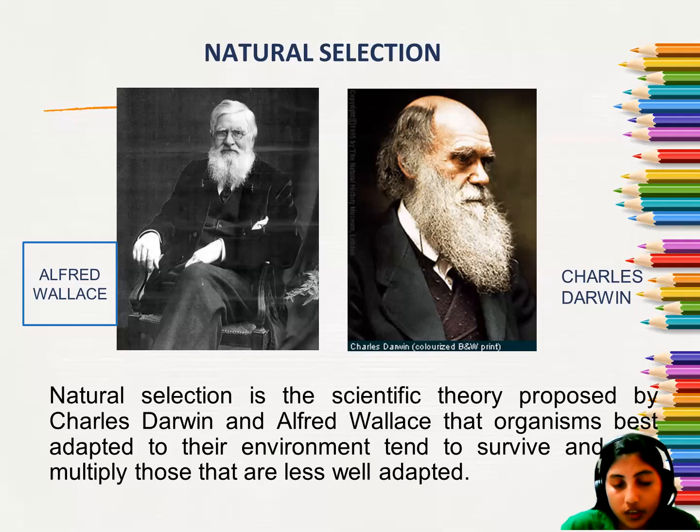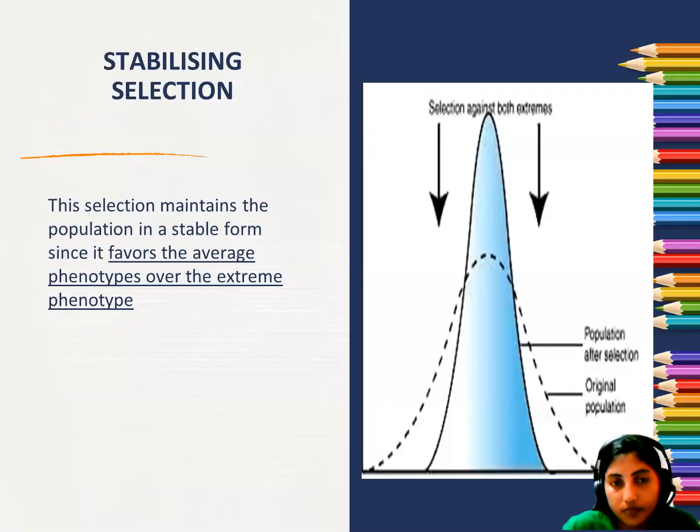Natural selection, of course, a theory that was proposed by Charles Darwin and Alfred Wallace. Those adapted to the environment tend to survive and multiply more than those that are less well adapted. With natural selection, there are three conditions that were related to it.